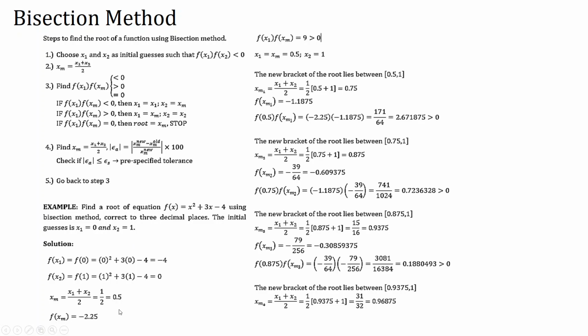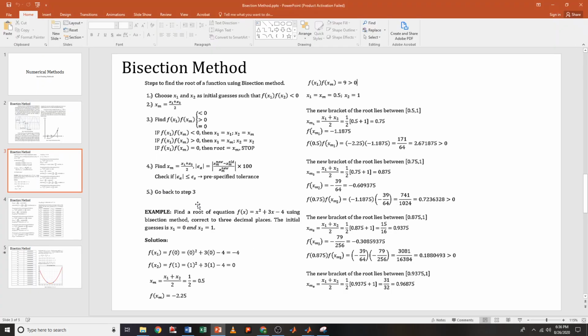So, for example, f of xm, we have to evaluate using the function. I will show the solution in the app. So we have f of x equals x squared plus 3x minus 4. Okay, so we have to evaluate f of 1 half, or that is 0.5.